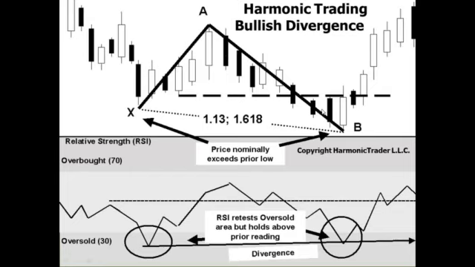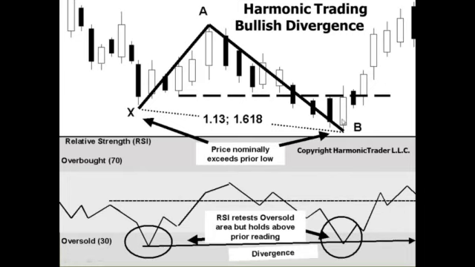In terms of price, this is usually just a secondary test of some type of support. But here's the key. When we have the secondary test of the oversold area, when we come down to this B point, it exceeds the initial point X at either a 1.13 or as much as a 1.618 extension.